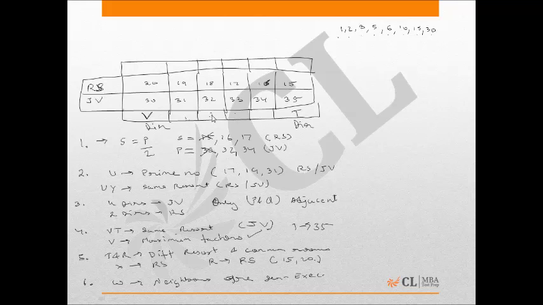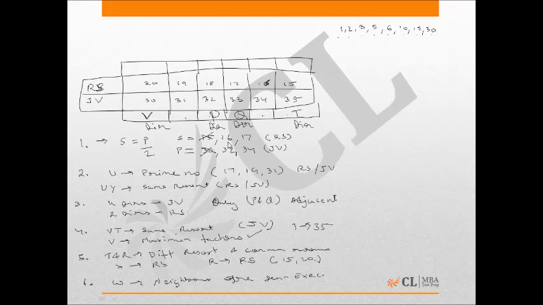Next possibility is P stayed in 32 and Q stayed in 33, which is very well possible. Next possibility is P stayed in 34. As soon as I put P in 34, P and T, these two directors will become adjacent, which is again not possible. So the only possibility is P should have stayed in 32 and Q should have stayed in 33, and both of them are directors.